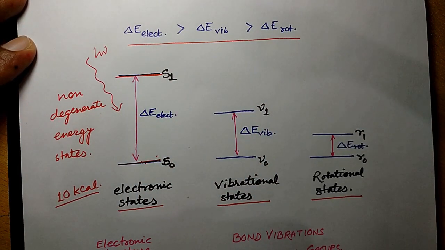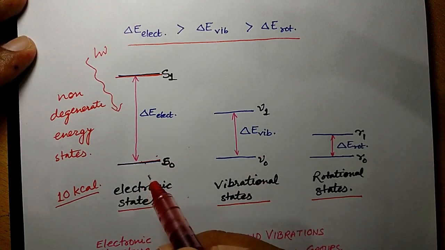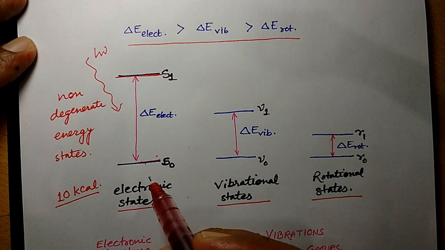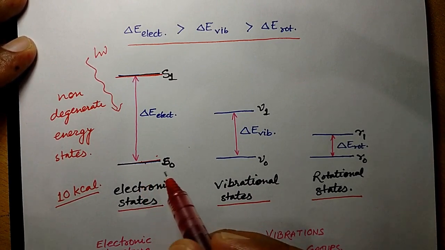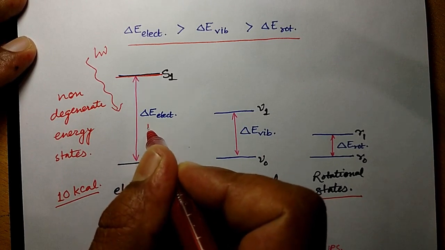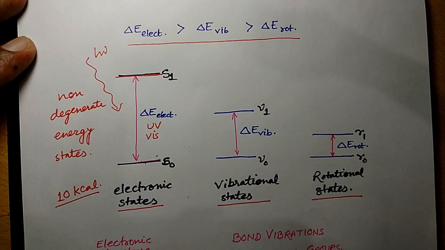Energy required for electronic transitions is equivalent to energies of UV and visible radiations. Hence, electronic transitions can be effected by UV visible radiation. So if we supply a sample or a molecule with some UV visible radiation, a suitable electronic transition may take place in that molecule.